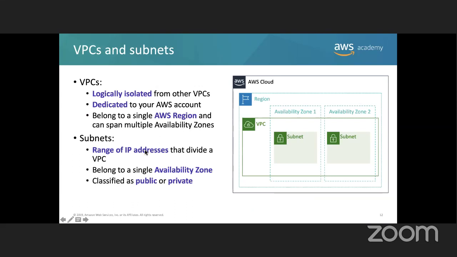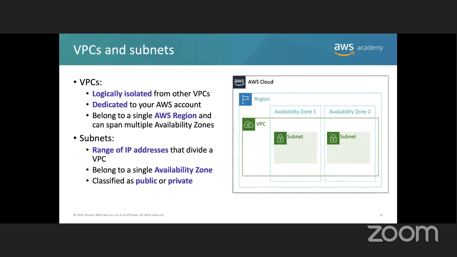A subnet is a range of IP addresses that divide a VPC. So you would use a subnet to fragment your network and organize it. You can have a private subnet, and there you can put the database, right?